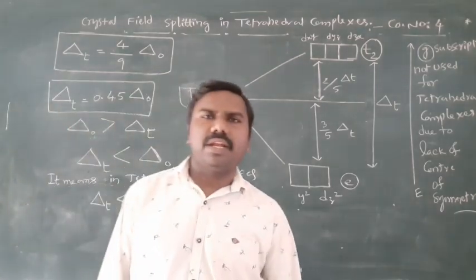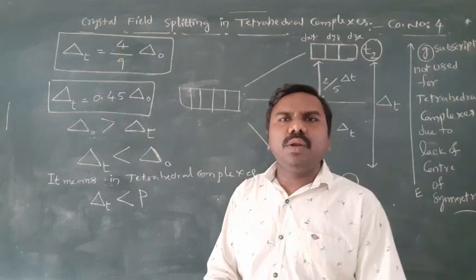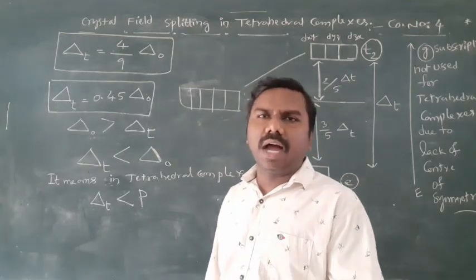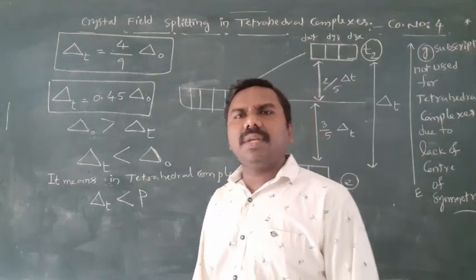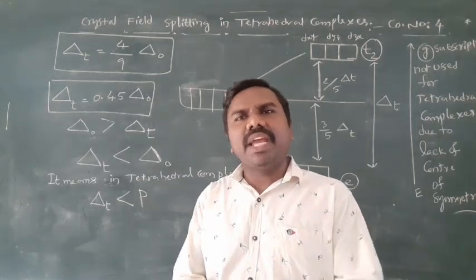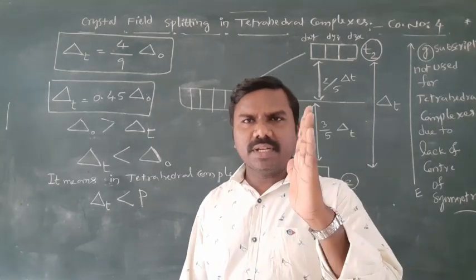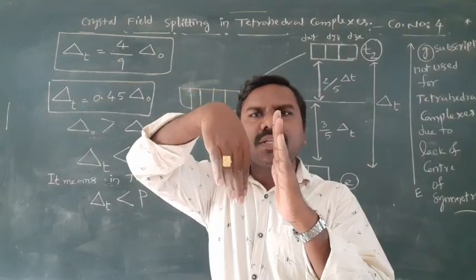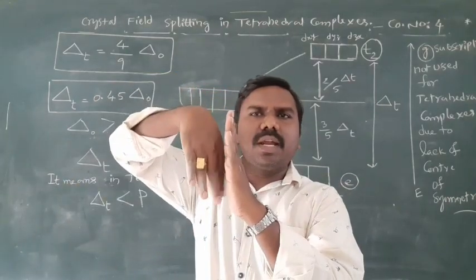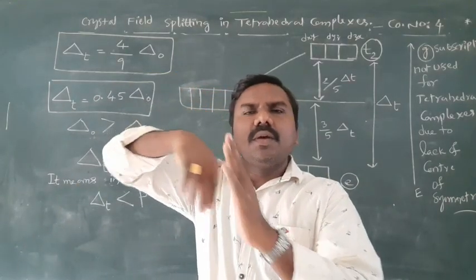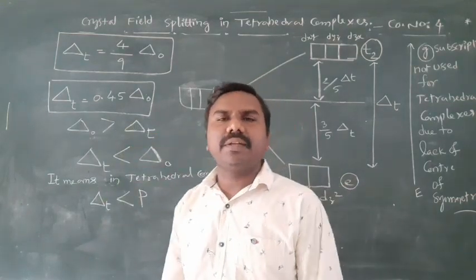That is pairing energy. Splitting energy low means pairing energy is high. Pairing energy high means high energy is required to pair electrons. To pair electrons, more energy is required. Clear?